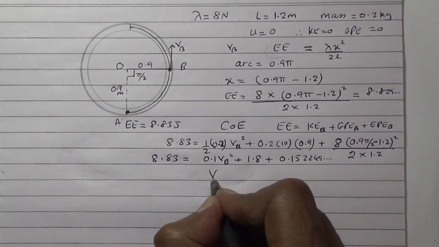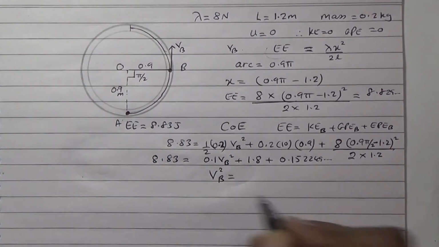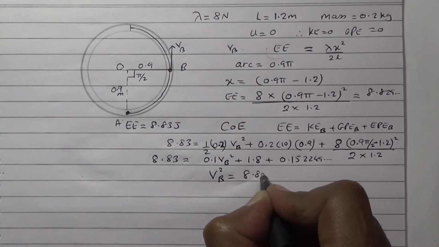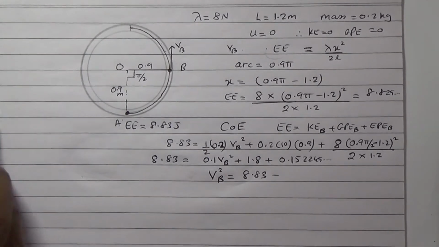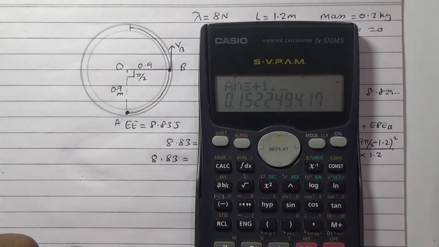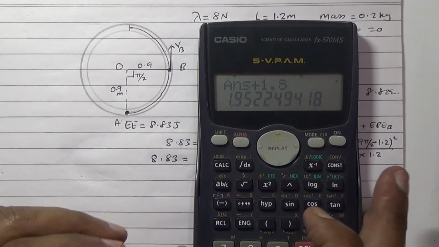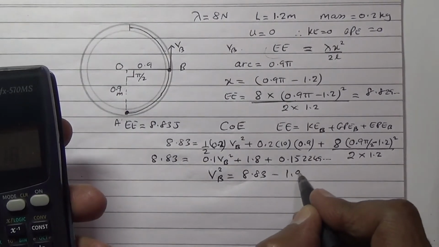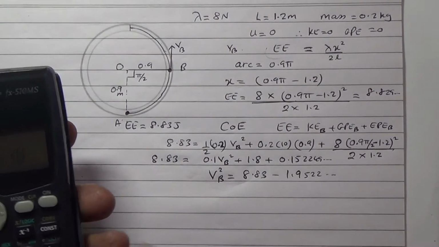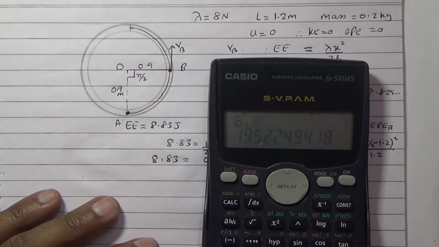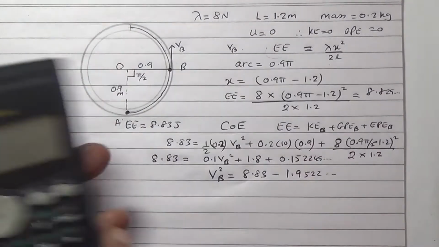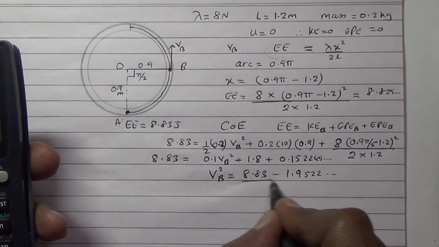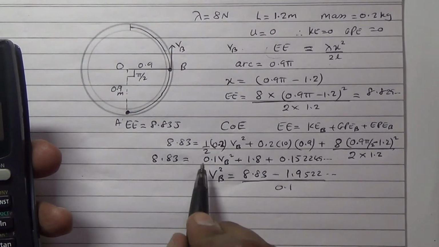So VB squared is equal to 8.83, take away everything here, 1.9522 and so on, and then divided by 0.1.